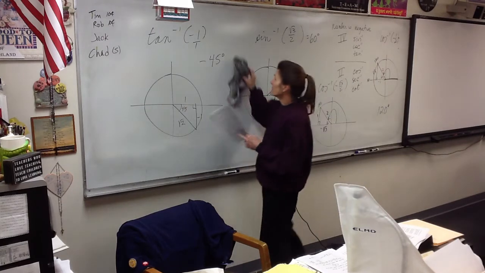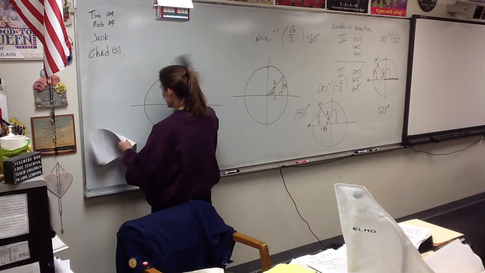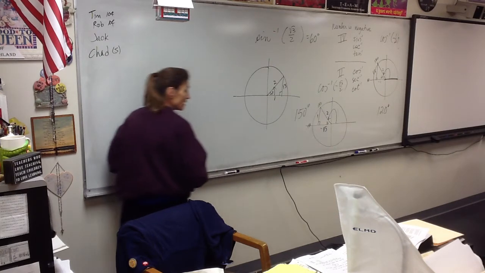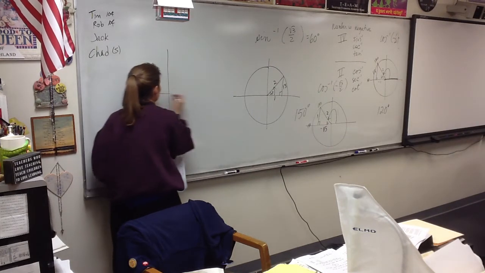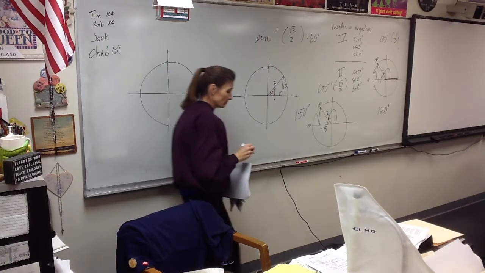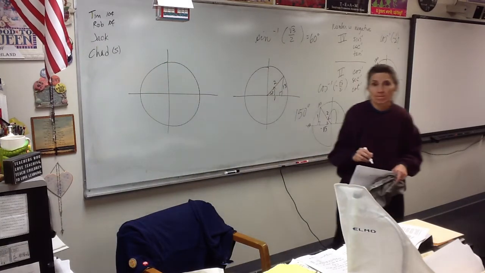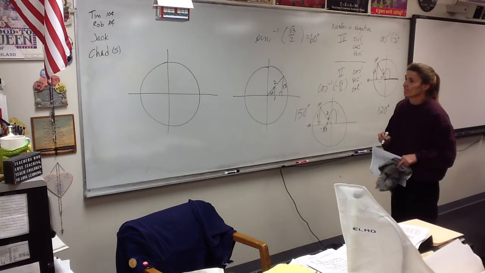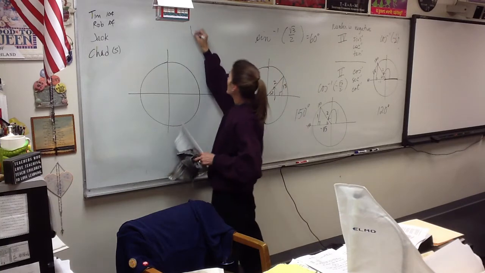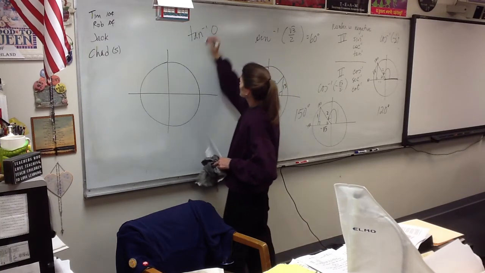I is different because it's got a 0, and anytime there's a 0, gang, you have to look on an axis. It says the angle whose tangent is 0.